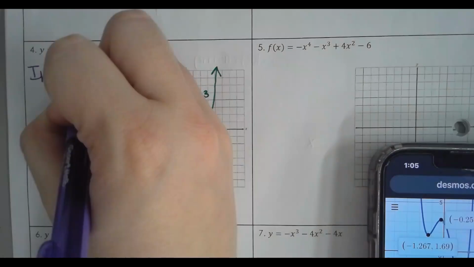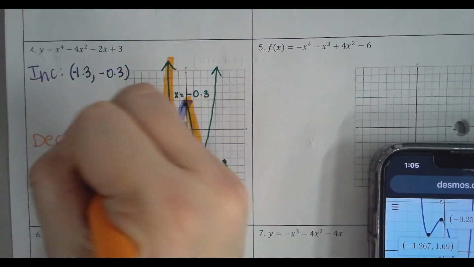And then I'm down in the valley. Now is where I start. Negative 1.3, sorry. And then I start negative 0.3. Good. Now I've made it to the top.